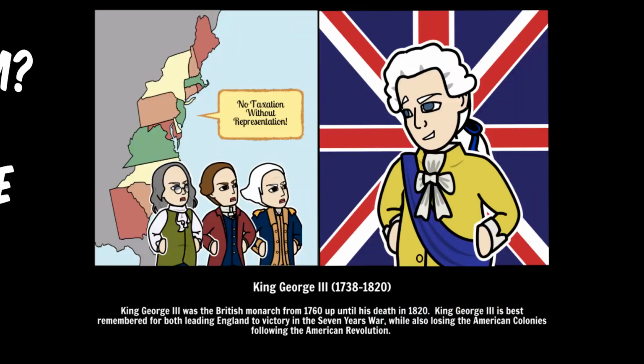And King George was not a nice person, to say the least. A lot of the rule that he provided over the 13 colonies really brought us to the brink of wanting to revolt against England. For example, no taxation without representation.